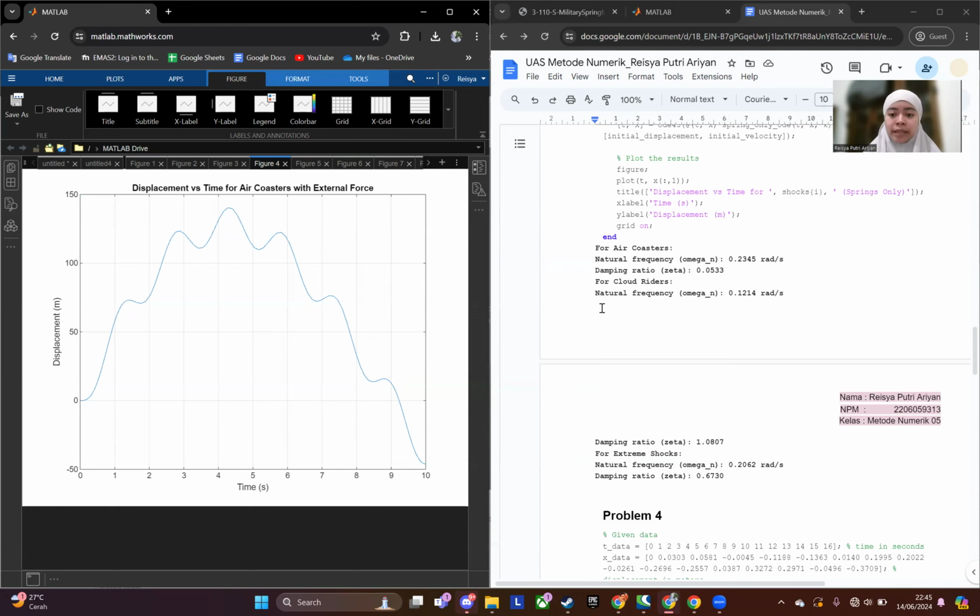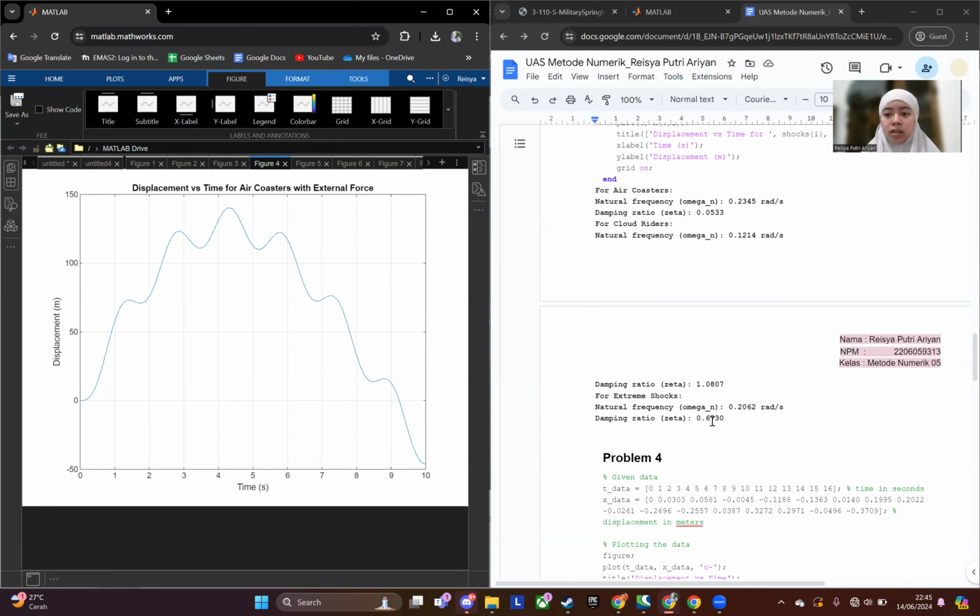We have the result that the Air Coaster has omega of 0.2345 radians per second, and the Cloud Riders is lower than the Air Coaster, and the Extreme Shock is between the Cloud Riders and the Air Coaster.